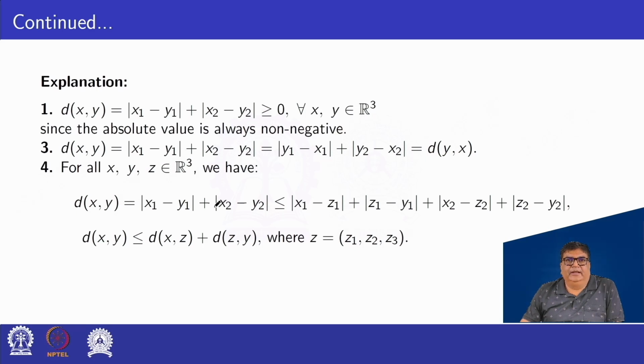So dxy, here first we have to write modulus of x1 minus z1 plus z1 minus y1, plus modulus of x2 minus z2 plus z2 minus y2. So the first term is less or equal to modulus of x1 minus z1 plus modulus of z1 minus y1, plus modulus of x2 minus z2 plus modulus of z2 minus y2. That is dxy is less or equal to dxz plus dzy.